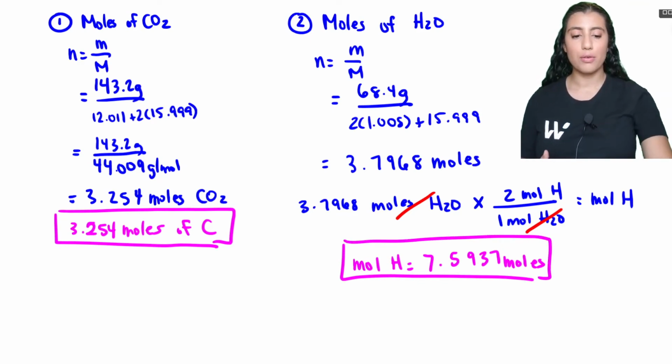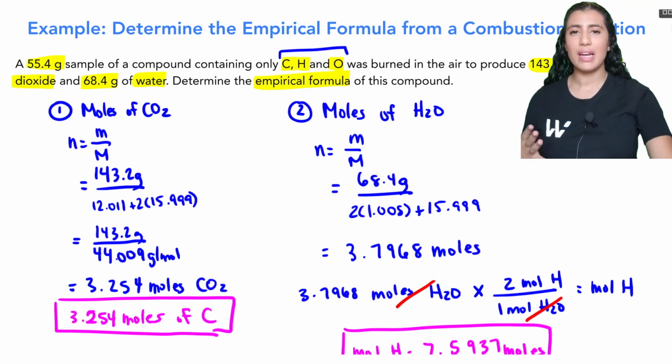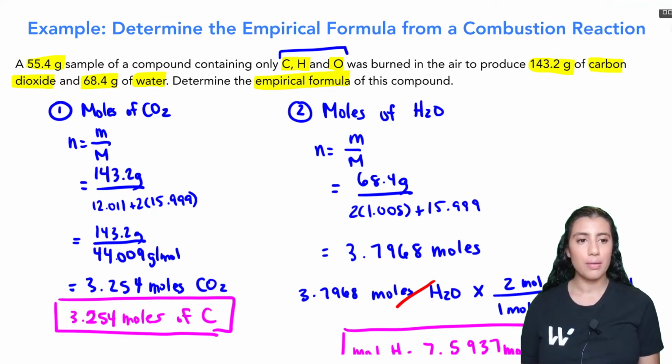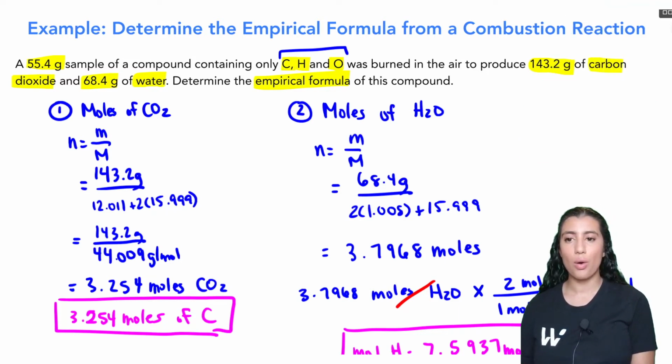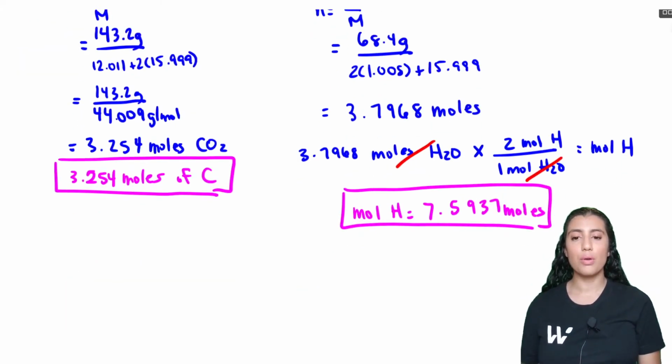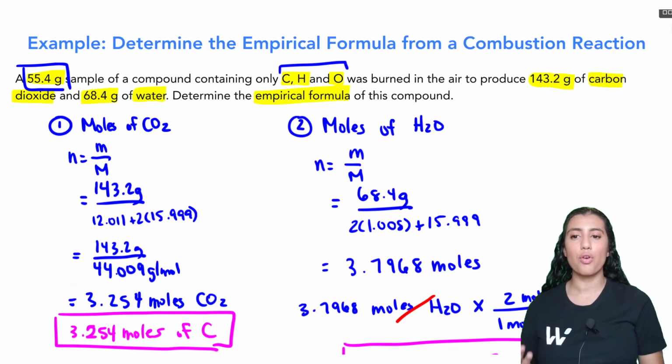And now we have to go back and figure out, how can I find the moles of oxygen now, the third element that we're interested in? So we were given the mass of the overall hydrocarbon, cool, and we have the moles of the other atoms. So what I can do is find the mass of these other atoms and then subtract them from the overall mass of the hydrocarbon, and that'll help me find the mass of oxygen.